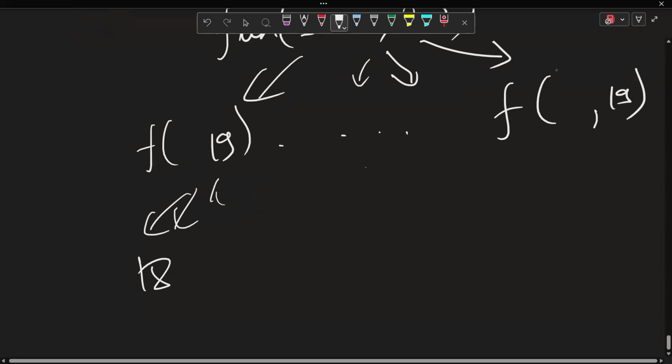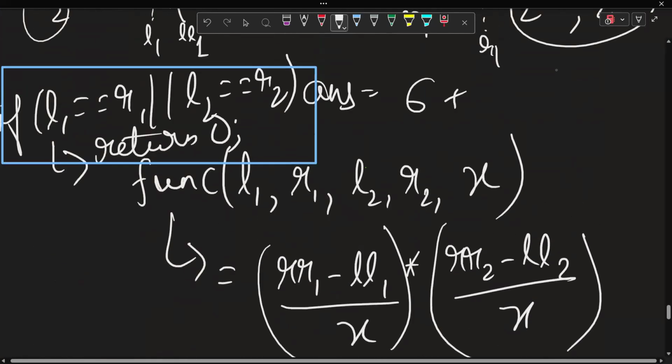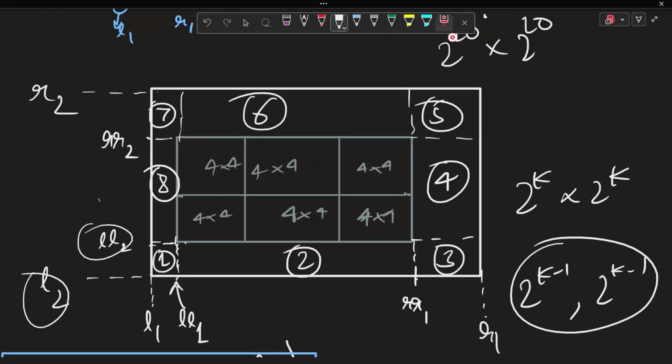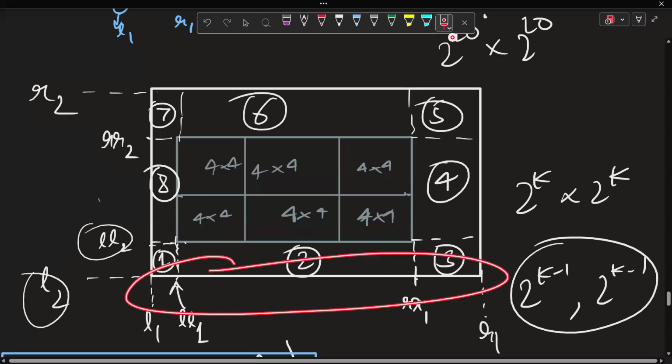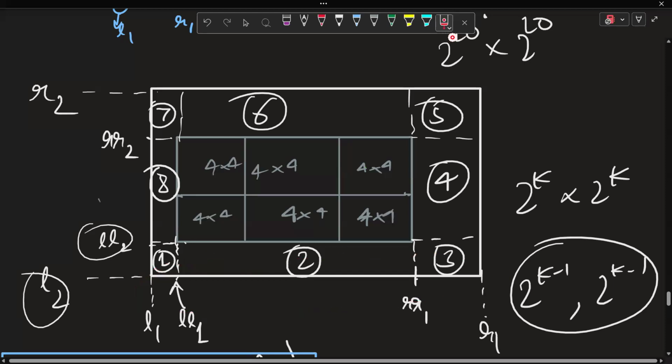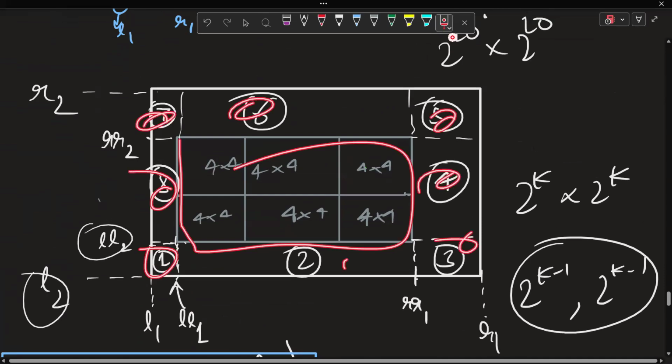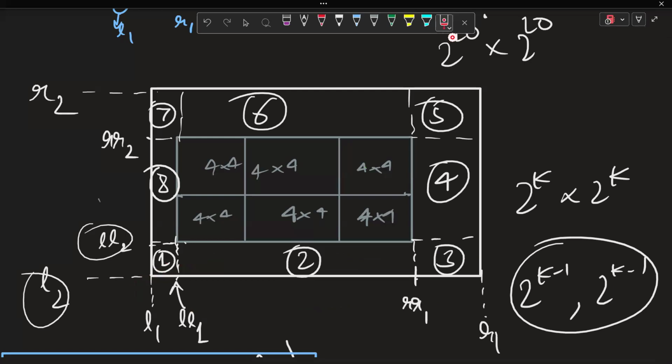It would not always go 8, 8, 8, because lengthwise also you are dividing. Lengthwise, in the next transition, if you have used this square and you are dividing into 8 other regions, then if you have used 4 here, then this length is less than 4 for sure.